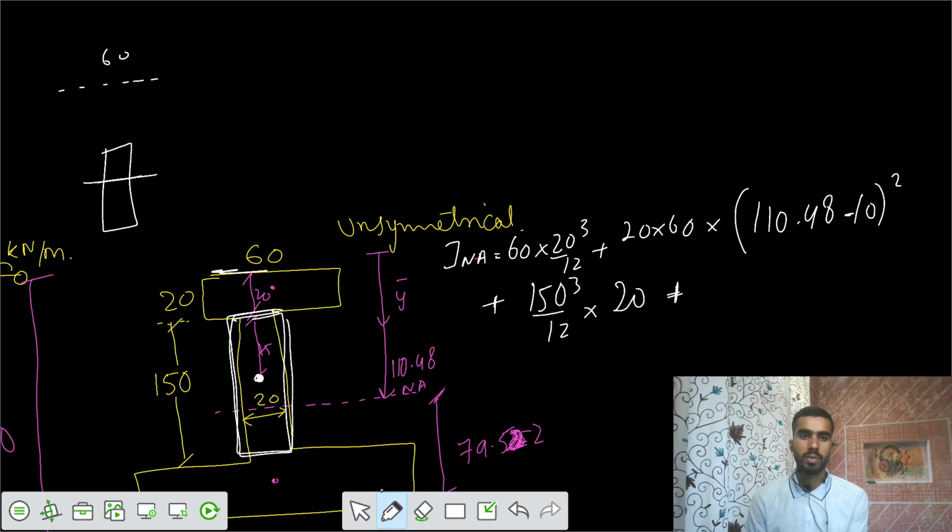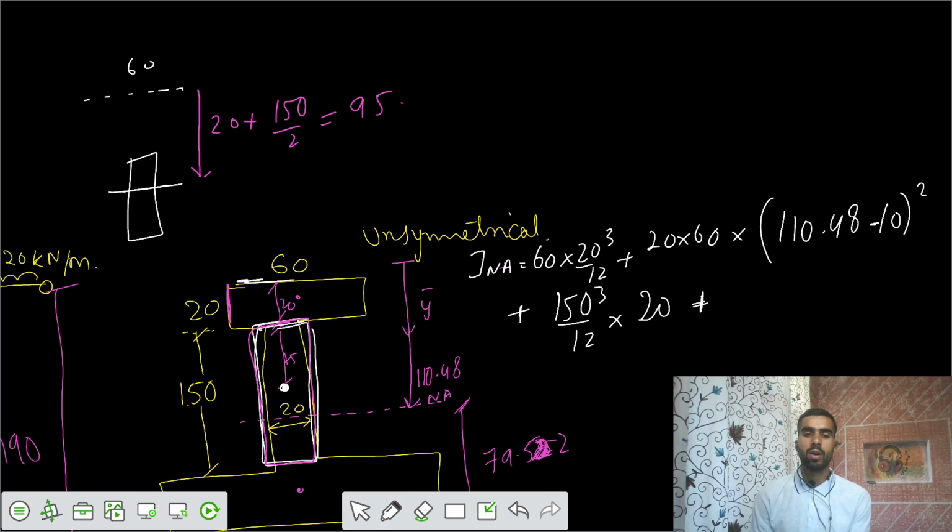From this point, firstly I would say, where is the centroid of that area? For this area, where is the centroid from the top? So that is at a distance of 20 plus 150 by 2, that's 95.